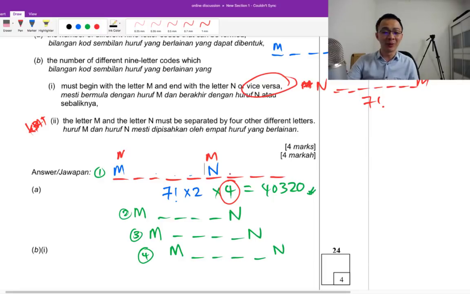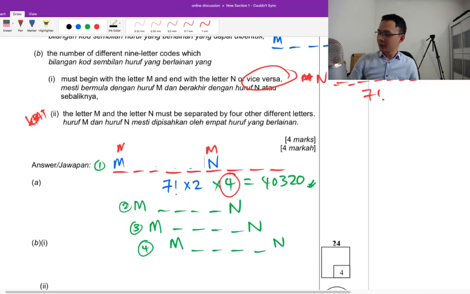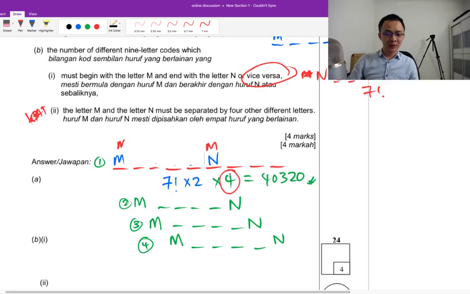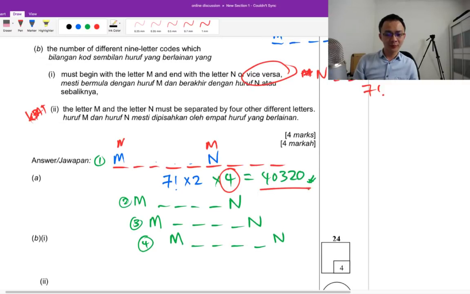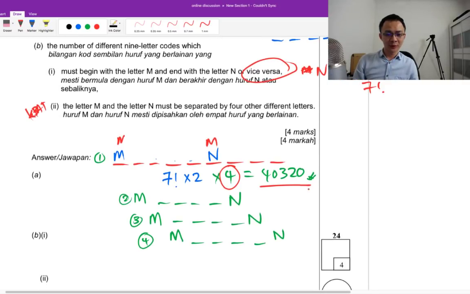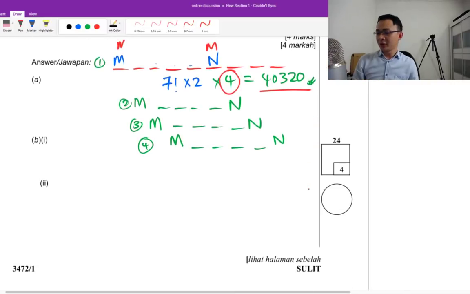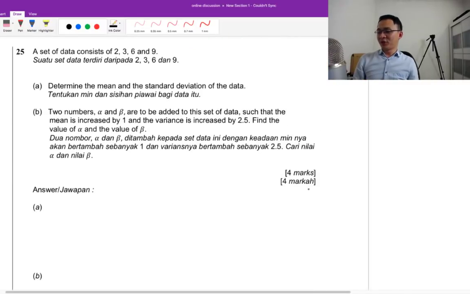So I will multiply by 2. So, what's the answer for this one? Is it 40320? Okay, good. Yes, finally we go to the last question on this paper.